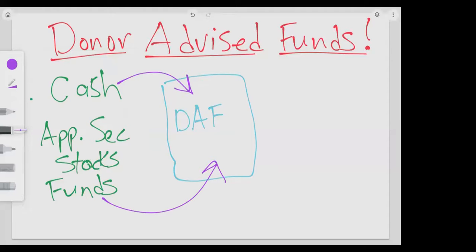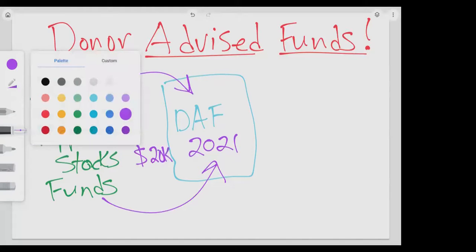You receive, let's just say we're in 2021, the tax deduction in 2021. Now, this is the power of the donor advised fund, because let's say you have a highly appreciated stock. For the purpose of this argument, we're going to say the value of that stock is $20,000, with appreciation. The basis of that stock is important.